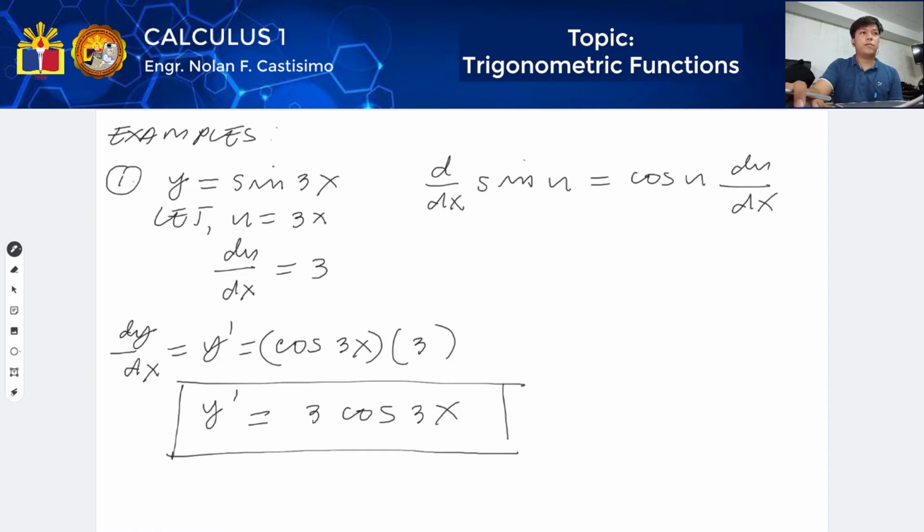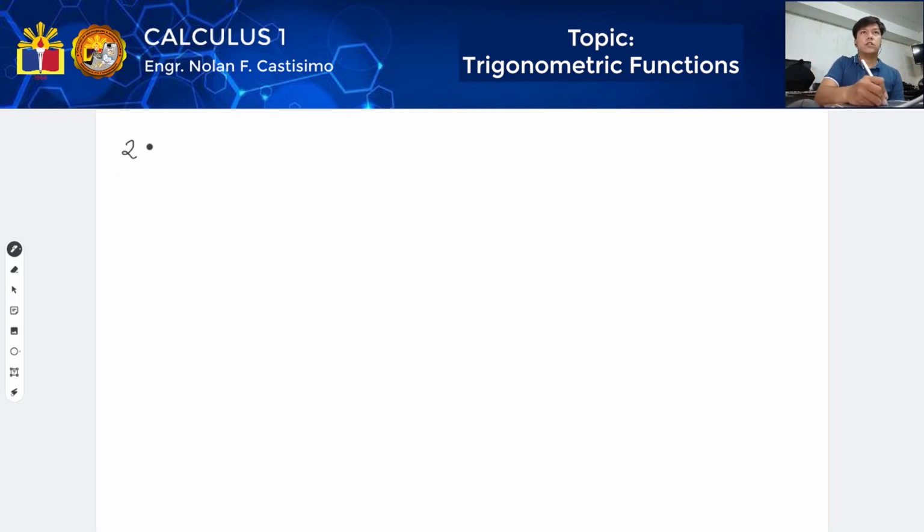Now, let's now have our example number 2. Example number 2 for the function x equivalent to cosine 4t. Okay? So, cosine 4t na tayo. Let u is equivalent to 4t.